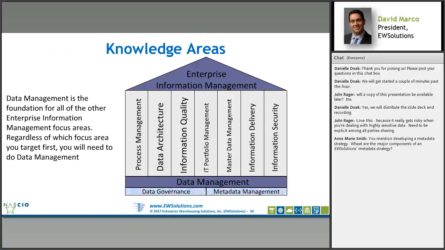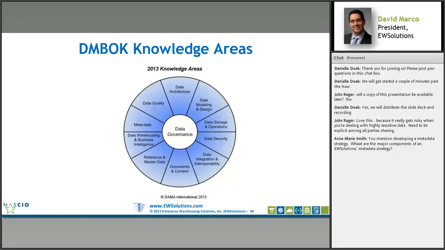Metadata management is the technical enabler for both data governance and overall data management, because again, it's defining the basics. So whether we are doing master data management, information delivery, security, information quality, process management, whatever it is, metadata management and data governance are vital to accomplishing that.